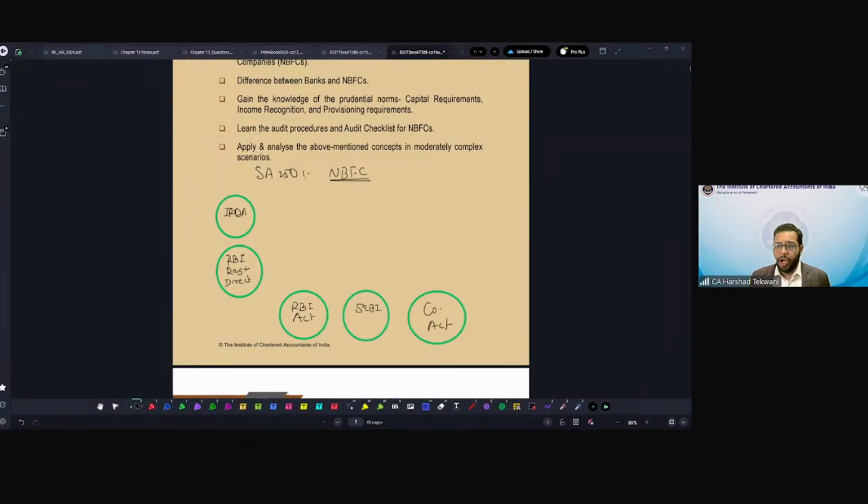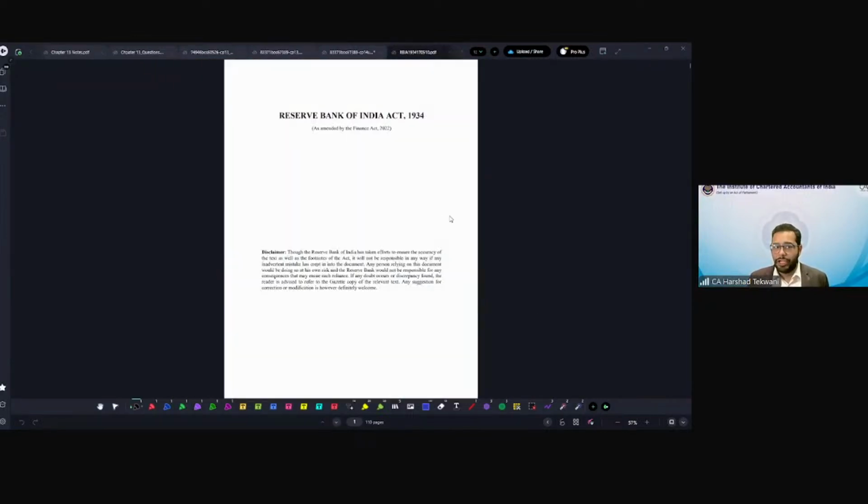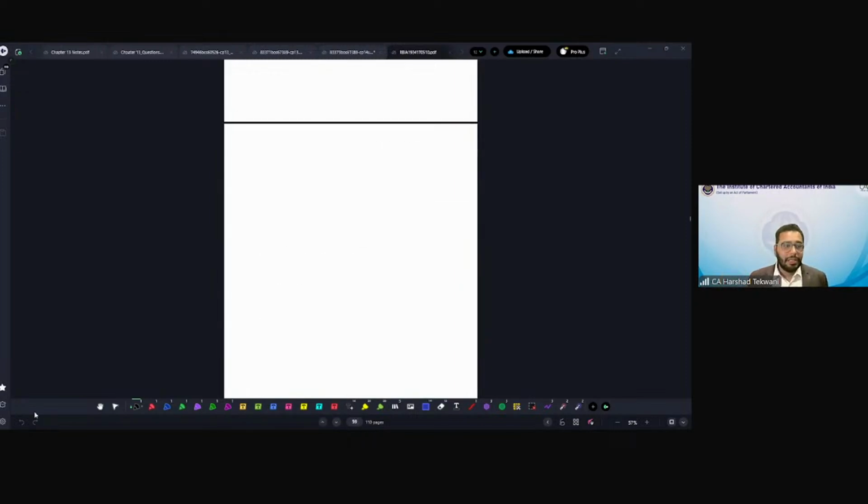So when I talk about RBI regulations, there's a specific chapter in the RBI Act which governs your NBFC, and that is chapter number 3B.